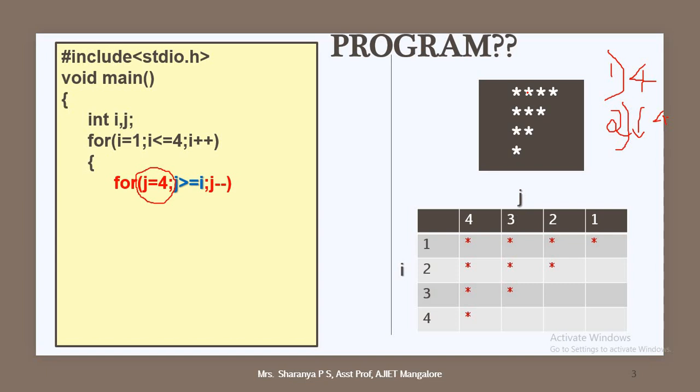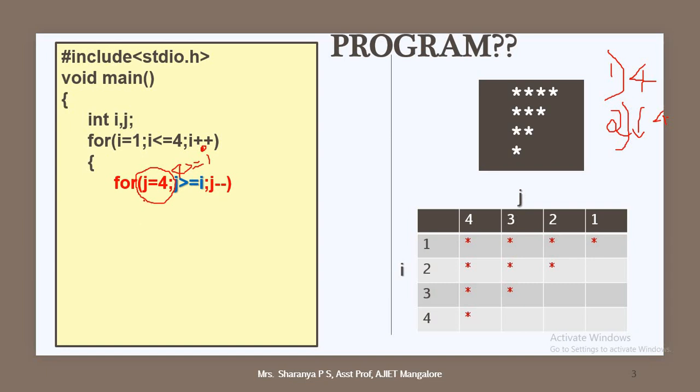Initially, when the j value is 4, which needs to display 4 different values, and j is greater than or equal to i. Why is it mentioned greater than or equal to 1? Here the j value is 4 and greater than or equal to i. So 4 different values we have to print, that is 4 patterns we have to display, and j will keep decrementing each time.